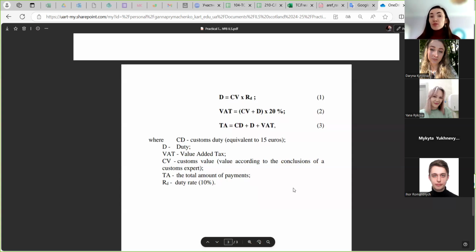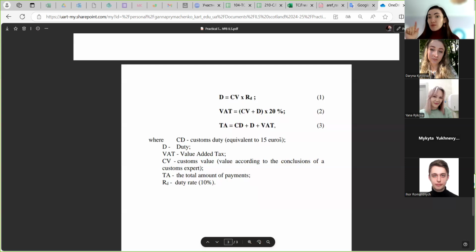So please write TA is equal to. We use such parameters as CG, it is customs duty, and we can see that it is equivalent to 15 euros. So for all variants, this parameter will be 15 euros, but we need to use only hryvnias. So we need to find how many hryvnias it will be.